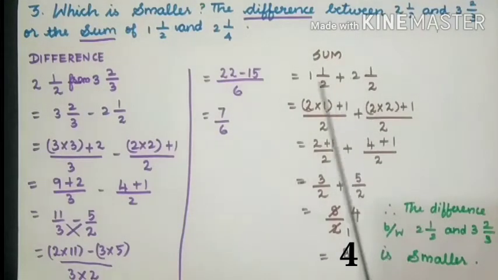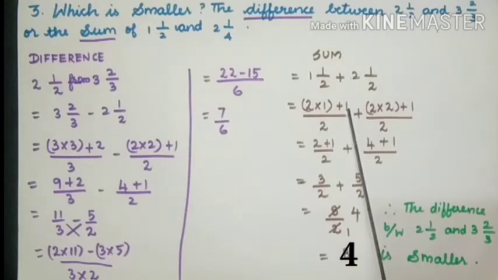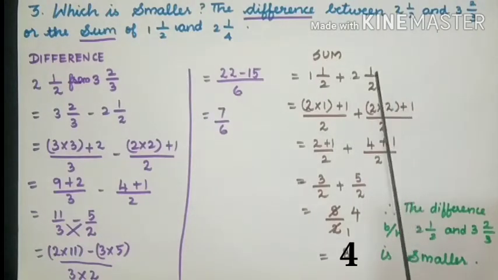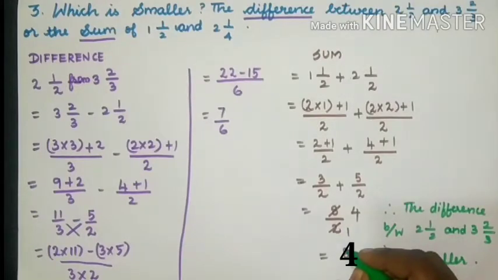Similarly, here also the question is in the form of mixed fractions, so change them into improper fractions. Here the denominators are same, so no need to change the denominator. Directly add the numerators 3 and 5. 3 plus 5 is 8 divided by 2. After cancellation you will get the answer as 4.